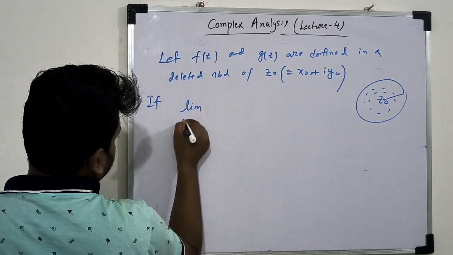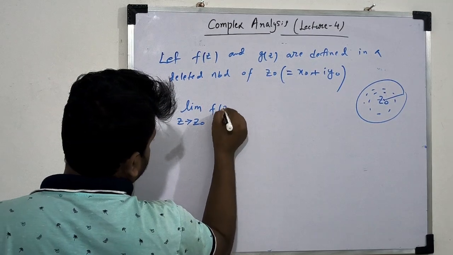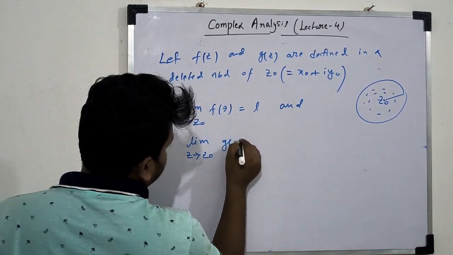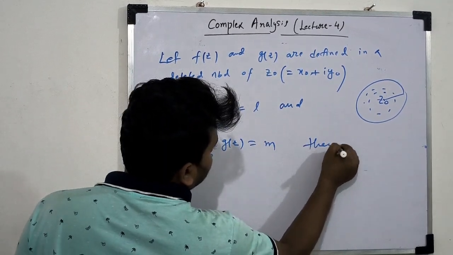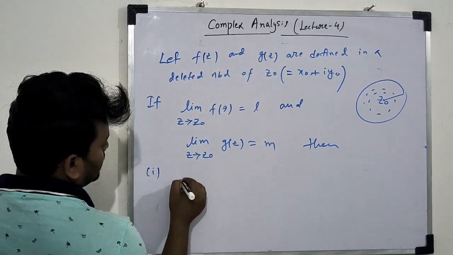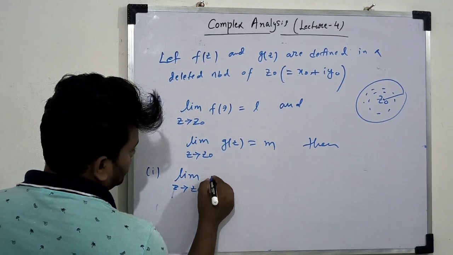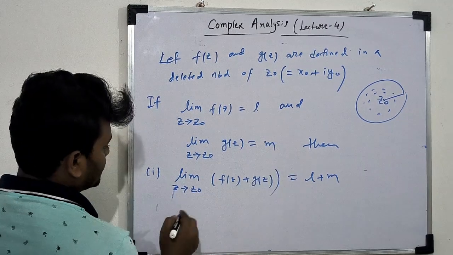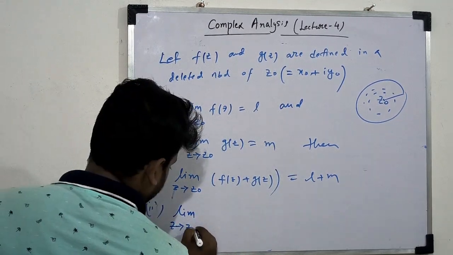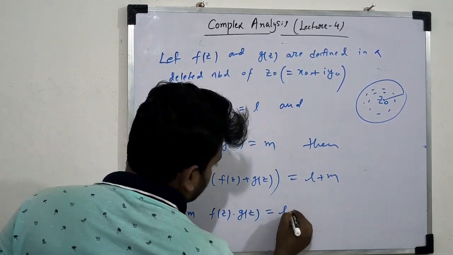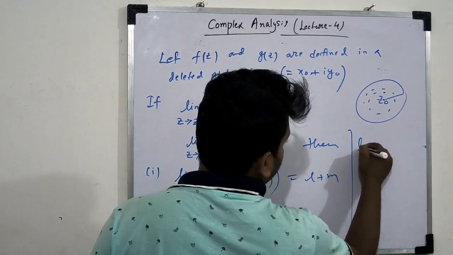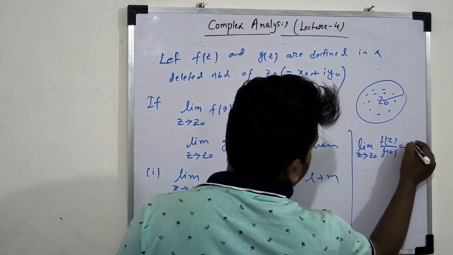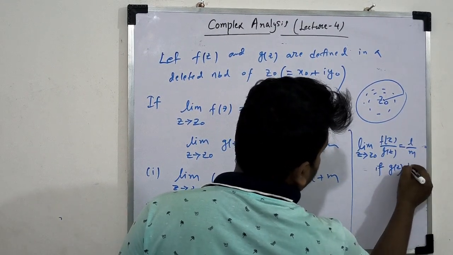And if limit z tends to z0 of f(z) equals L and limit z tends to z0 of g(z) equals M, then we get result number 1: limit z tends to z0 of f(z) plus g(z) equals L plus M. And second, limit z tends to z0 of f(z) into g(z) equals L into M, and also limit of f(z) divided by g(z) as z tends to z0 equals L by M if g(z) is not equal to 0.